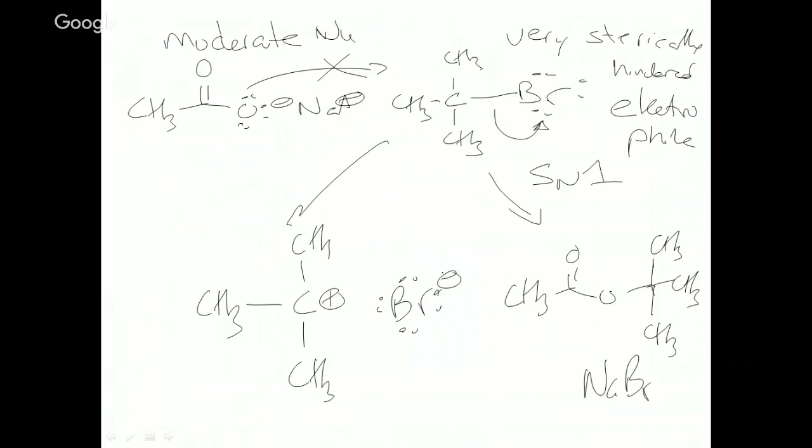The C-Br bond dissociates. It's a dissociative mechanism, and the carbon and bromine bond break. After that happens, this is an electron deficient carbon.